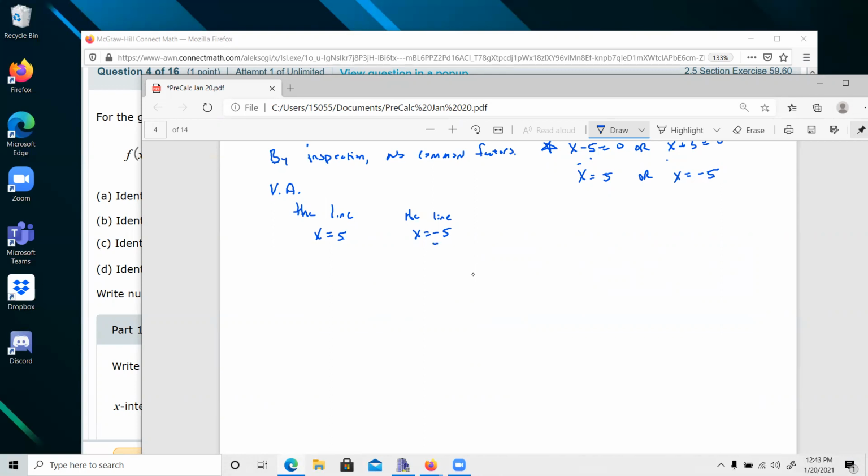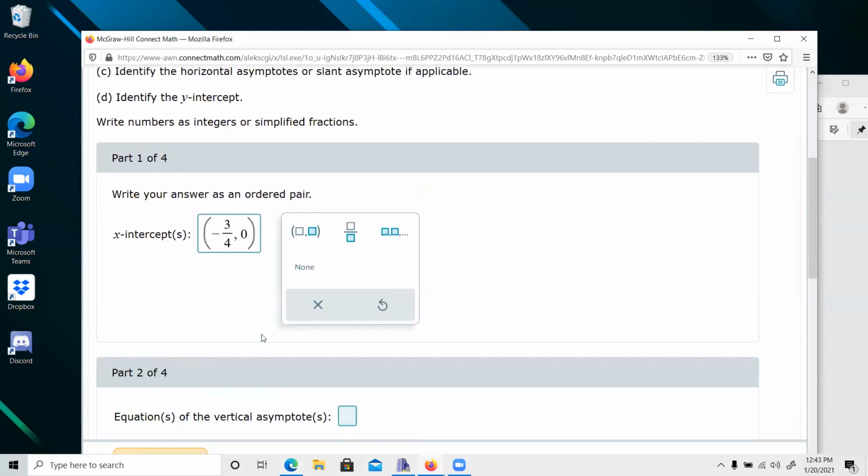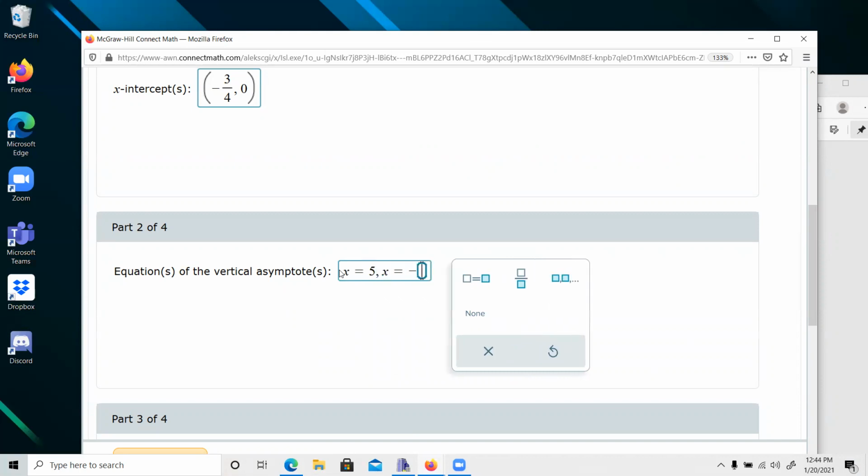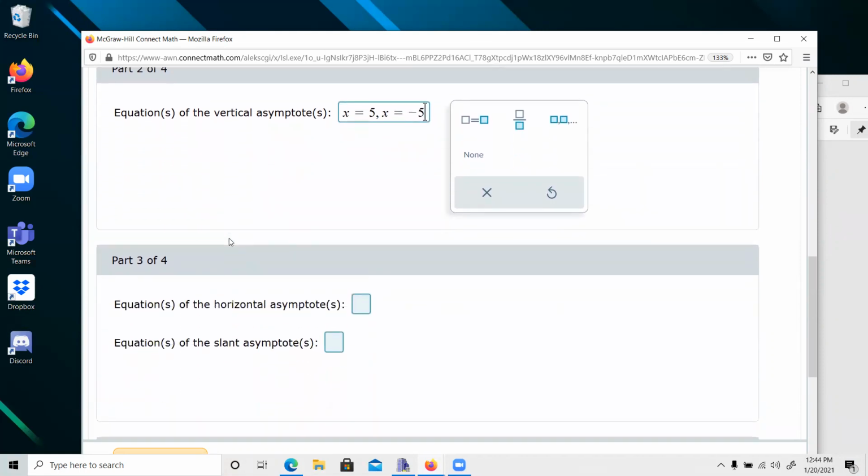You're like, is that a solution or is that a line or what are you doing? So I just started writing down the line because I think it makes it more clear. Okay, what happens if I have more than one? x equals 5, x equals -5. I would actually like them to do it one at a time.